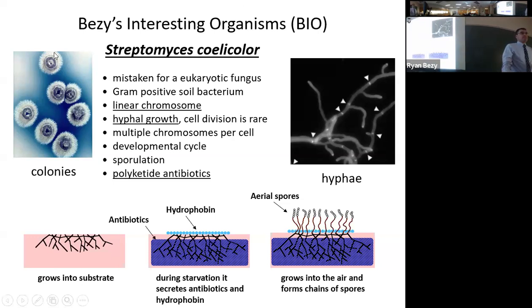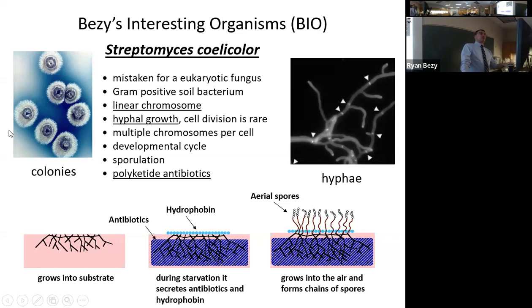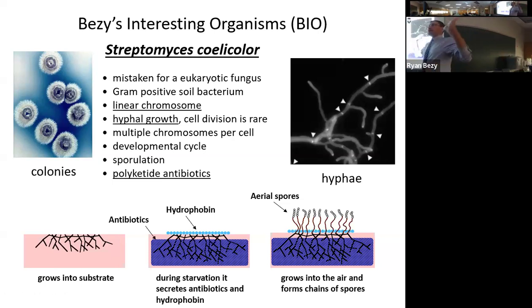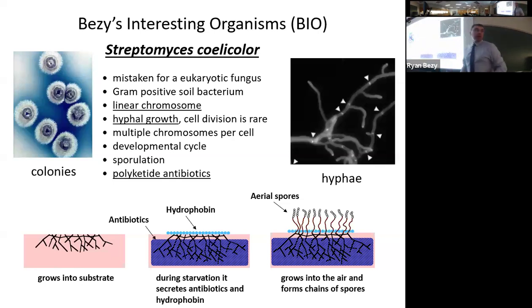Despite the fact that it looks like a fungus, under a microscope you're going to mistake it for a fungus because it grows in these hyphae patterns, which is usually a fungal growth pattern. But it is just an example of convergent evolution, where it has evolved over time to have similar features as a fungus. Okay.